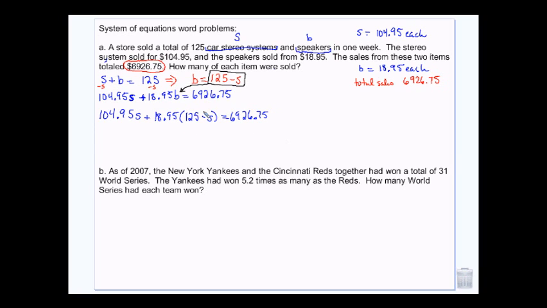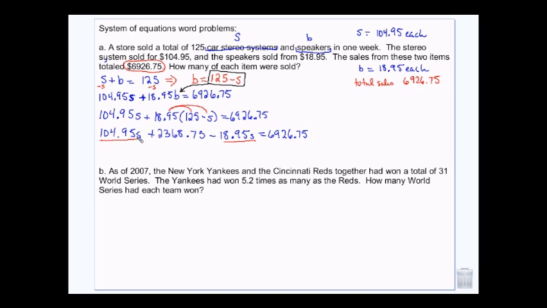I now have to distribute that $18.95. $18.95 times 125, and then $18.95 times negative S. I have my two like terms.